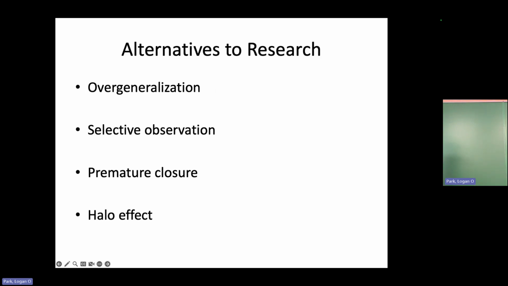Luckily, we've already discussed that there are plenty of alternatives to research. This is just a very, very short and incomplete list. But for example, if we have people who are absolutely convinced that Bigfoot exists, excellent example, based on grainy movie film from the 1950s or 60s, whenever that was, we would call that premature closure.